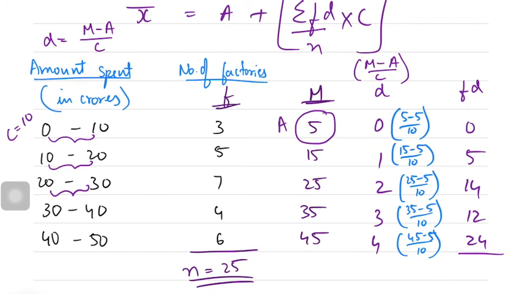When you add it up, you get 55. So summation FD is equal to 55.